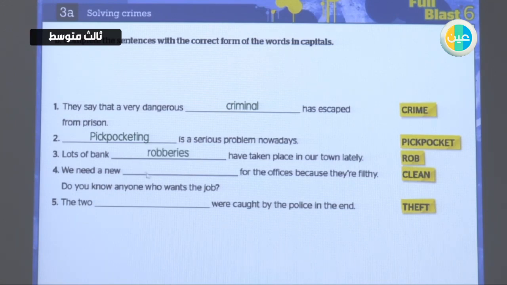Robberies. We need a new for the office because they're filthy. The correct answer will be cleaner. The last one, the two were caught by the police in the end. The two thieves. Be careful with the end of thief. We change it into thieves.